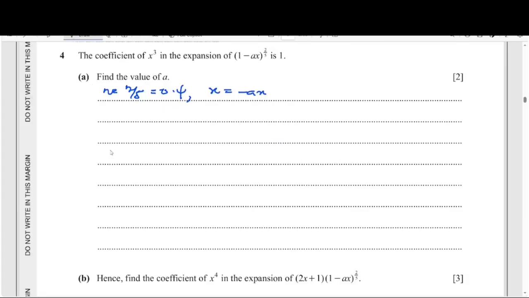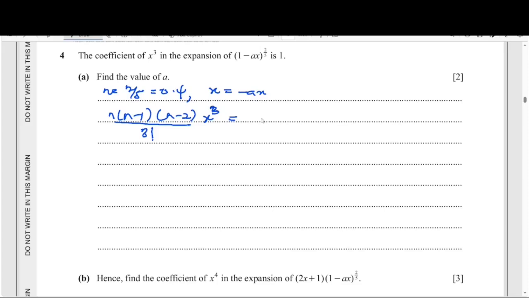So I'm going to quote this formula and then do substitution. So the coefficient of x cubed is given by n, n minus 1, n minus 2, divided by 3 factorial, times x cubed. We can do that by replacing the x with negative ax.